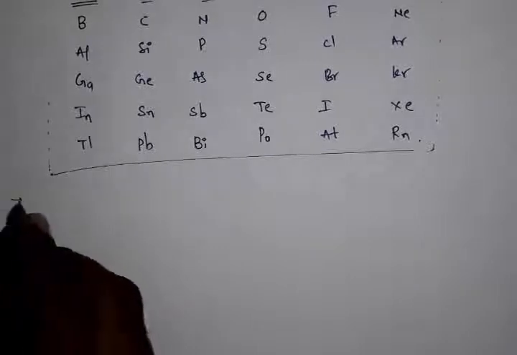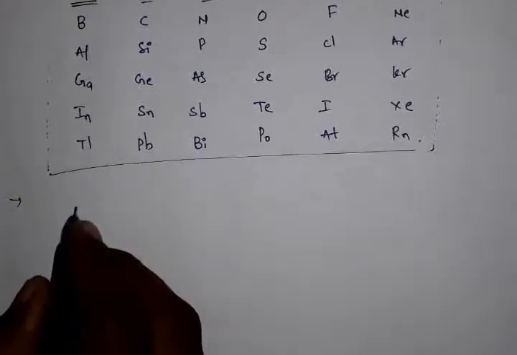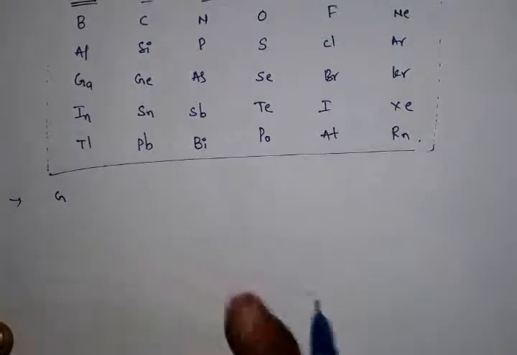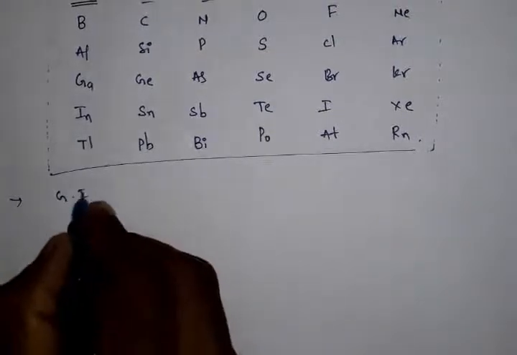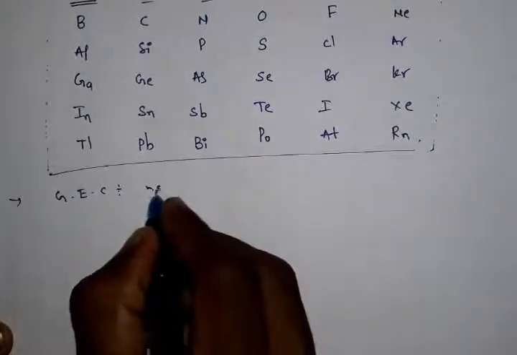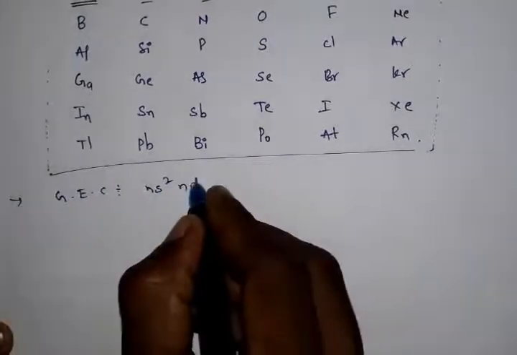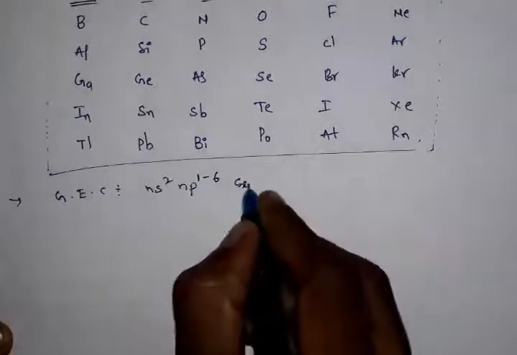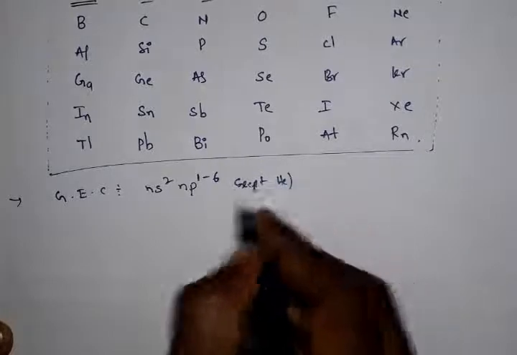Next, the general electron configuration of P block elements. The general electronic configuration is ns2 np1 to 6, except helium.